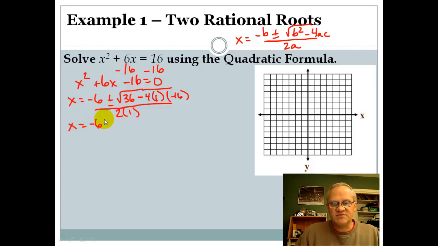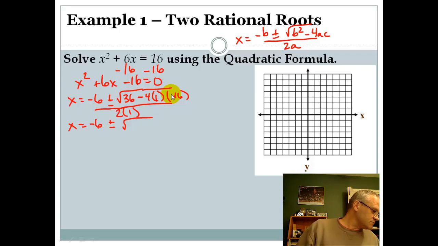X is equal to negative 6 plus or minus the square root. Well, let's work all this stuff out here. What do we got? Basically, treat this as a negative 4 times 1. So that's still a negative 4 times negative 16. So let's go negative 4 times negative 16. Oops, I think I typed that wrong.